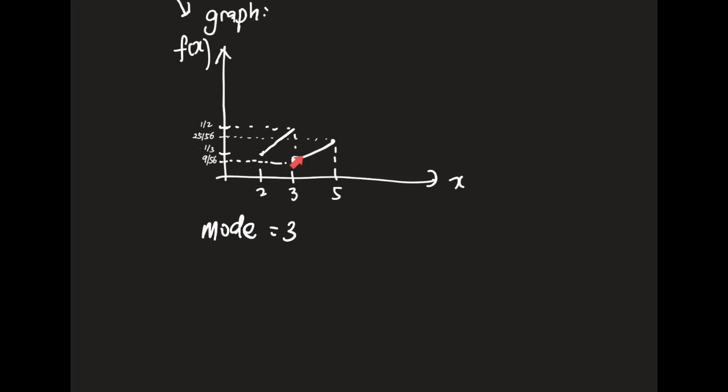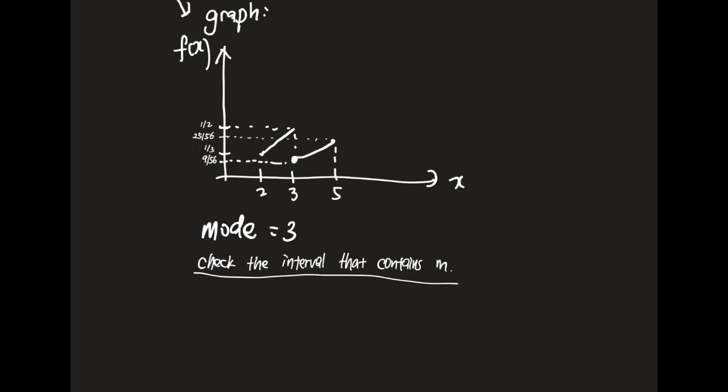I call it check the interval that contains median. I had to check first. If there are 2 functions, 2 intervals, I had to check where is the median stay.